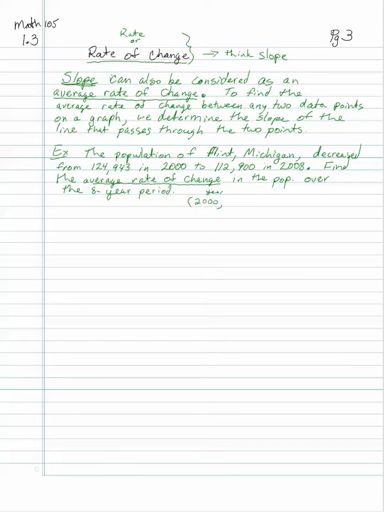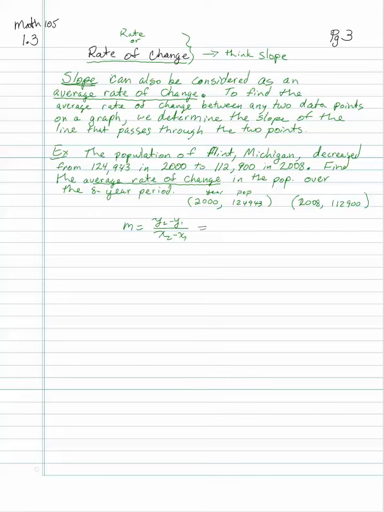population is 124,943, and the second data point is in 2008, 112,900. So we're going to do m equals y2 minus y1 over x2 minus x1.